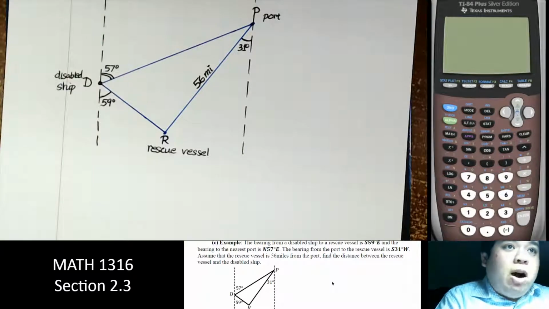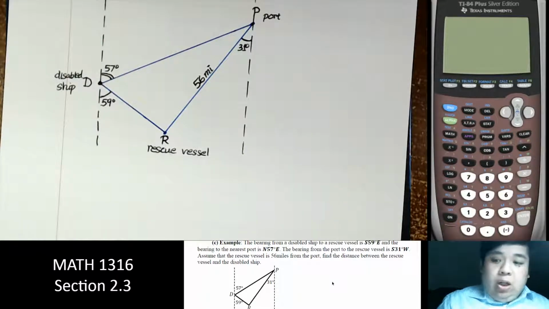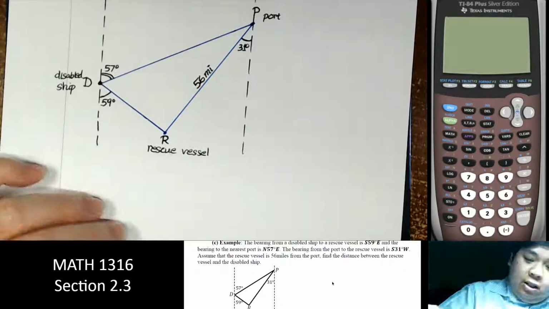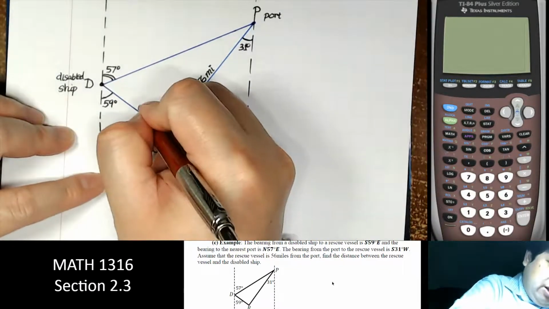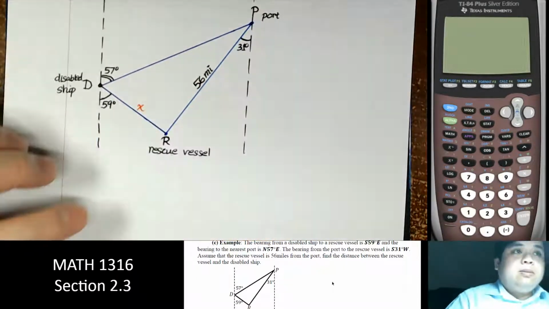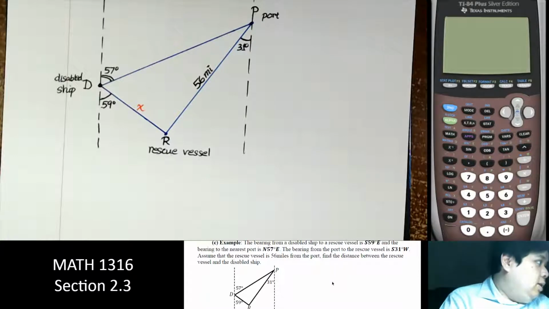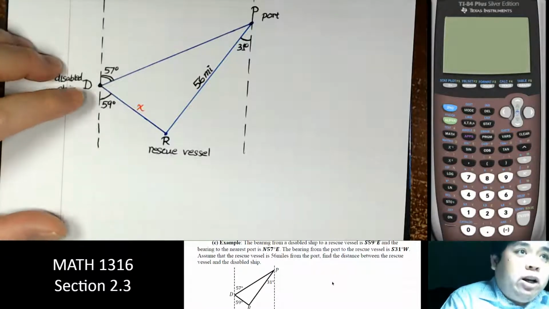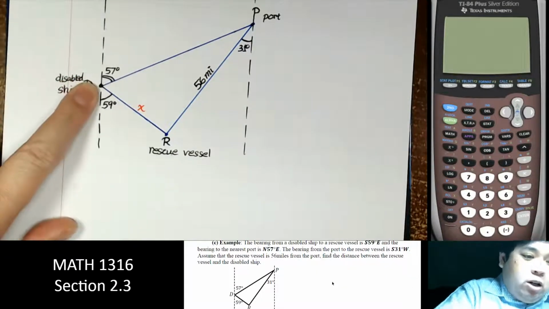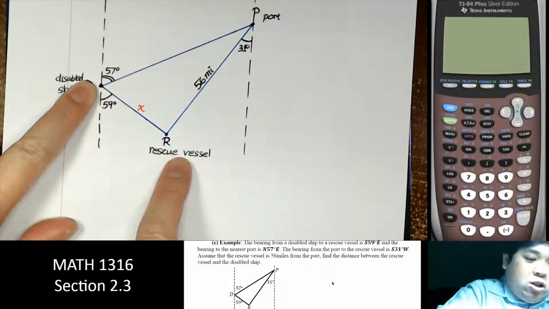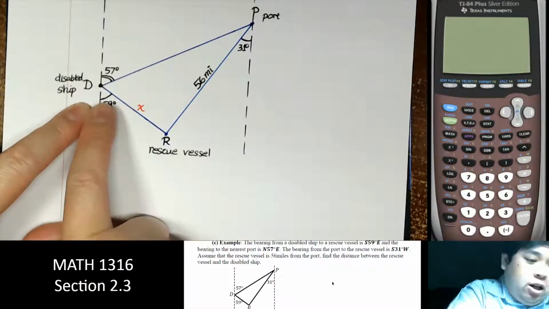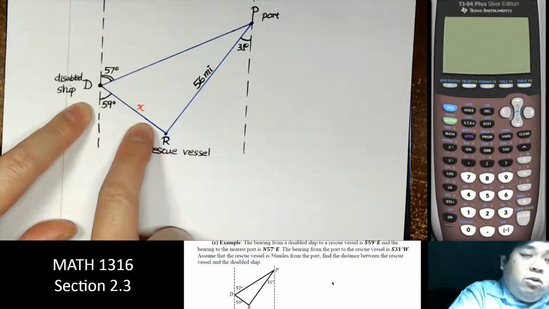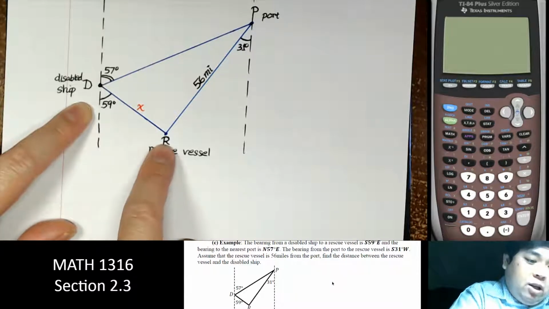And the question is, find the distance between the rescue vessel and the disabled ship. Looking for x. Right, let's go through the problem again. The bearing from the disabled ship to the rescue vessel is south 59 degrees east.